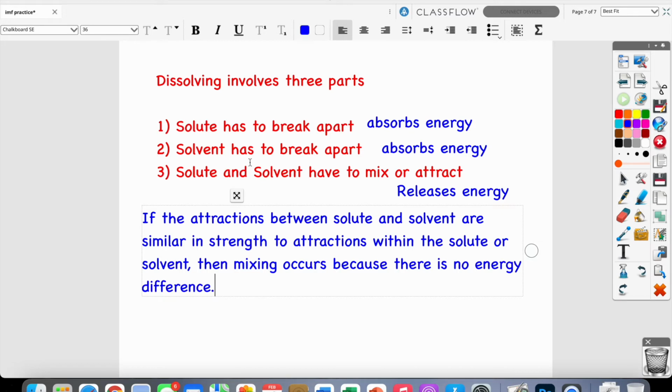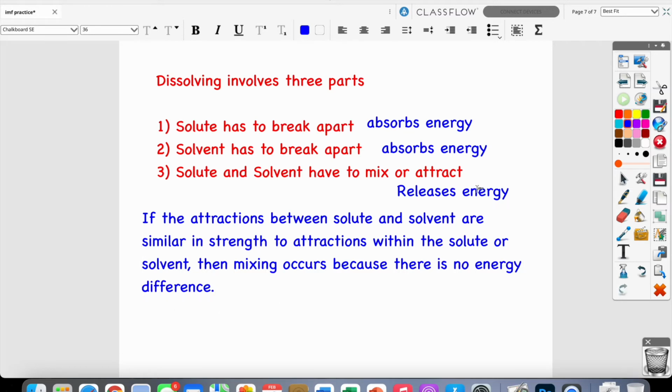Similarly, if we have a really large ionic compound or a really large polar compound, the attractions between the polar molecules may be large enough that it won't break apart to go into the water. But if the attractions are similar, then it breaks apart without difficulty because it doesn't really notice that it has changed environments, right? Anyway, so this is the way we think of it, that like dissolves like.